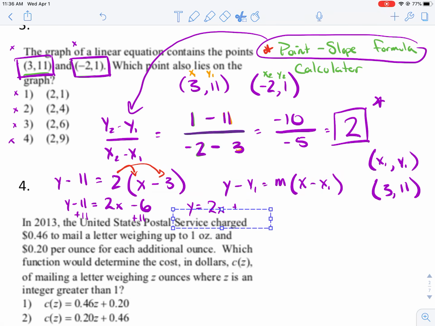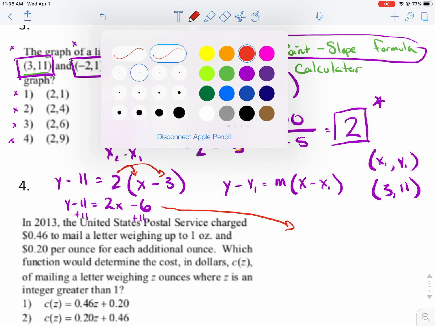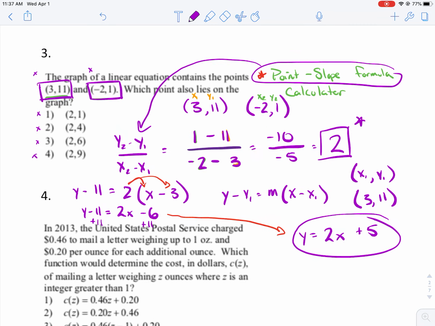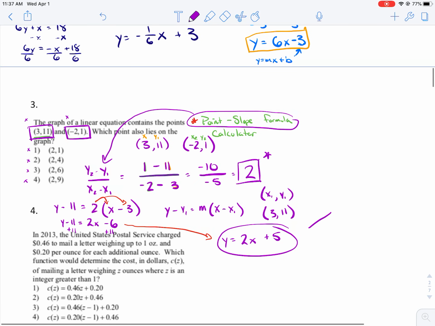So, that is our equation. So let me move this. Oh, that didn't work. Start again here, and rewrite this over here, just to give ourselves some space. It would be y equals 2x plus 5. All right? So that is our equation.